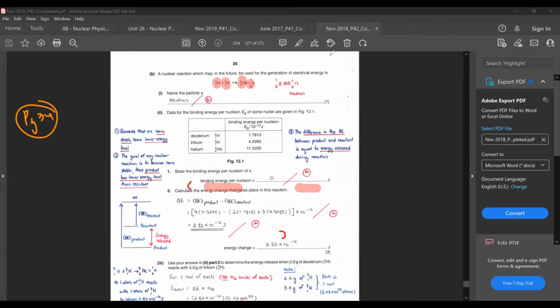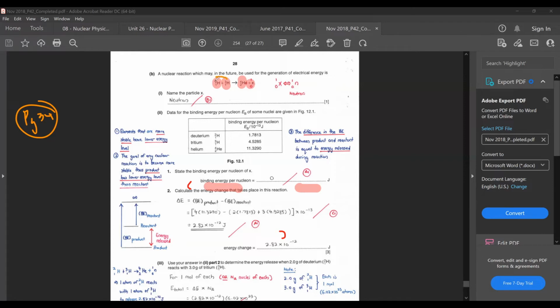Now they ask you to find out what particle X is. All you need to do is balance off the proton number and neutron number on both sides. If this one is 2, this one is 2, this one obviously will be 0. Then you look at the top portion, the nucleon number.